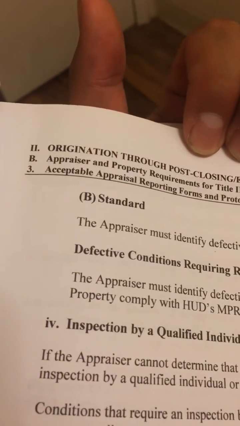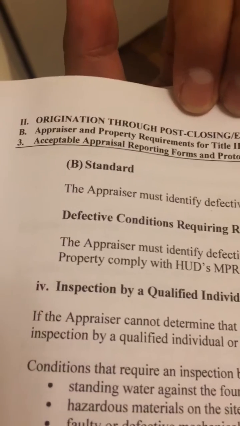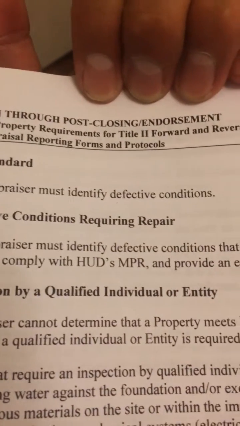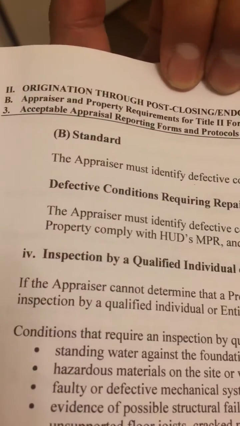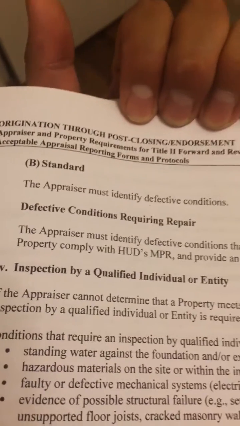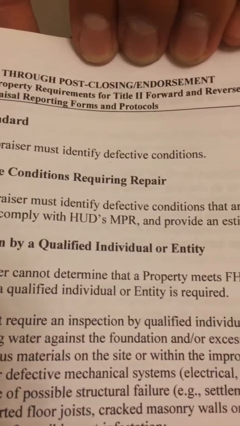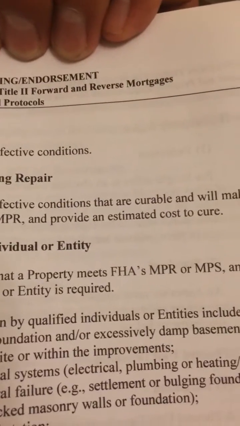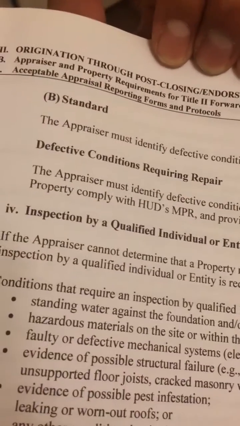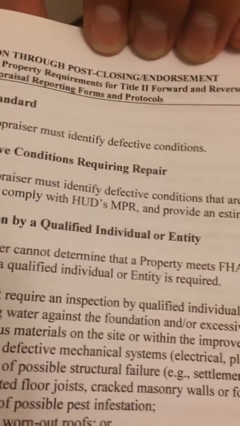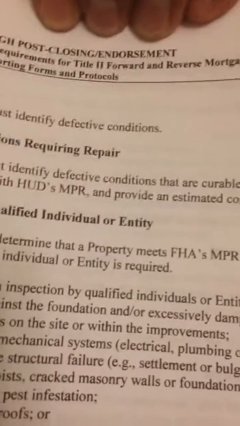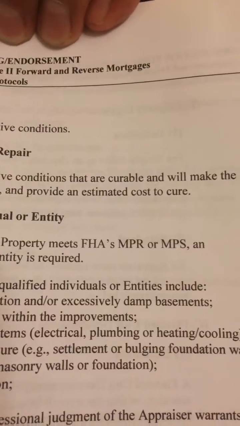B. Standard. The appraiser must identify defective conditions. Defective conditions requiring repair. The appraiser must identify defective conditions that are curable and will make the property comply with HUD's MPR and provide an estimated cost to cure.